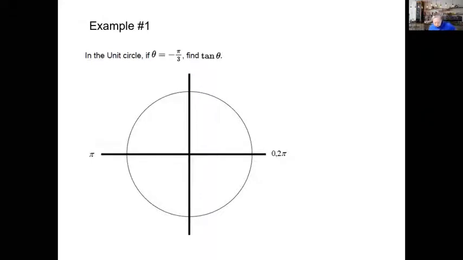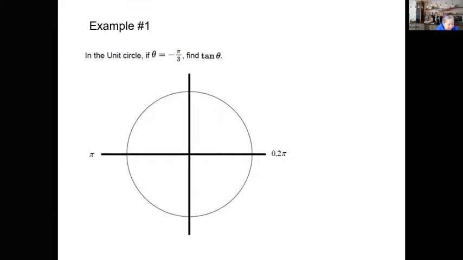Okay, let's do it step by step. Notice the given angle is negative pi over 3. Then we need to find the angle position on the unit circle first. So now I prepare the unit circle with the axis there. Notice this angle is negative.